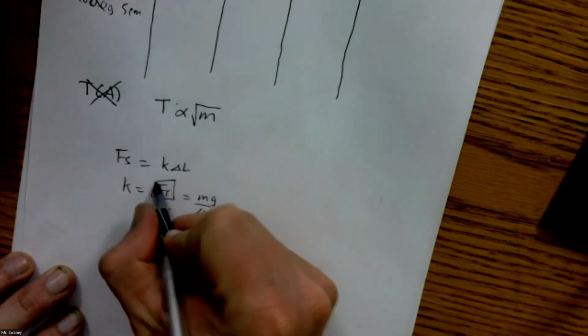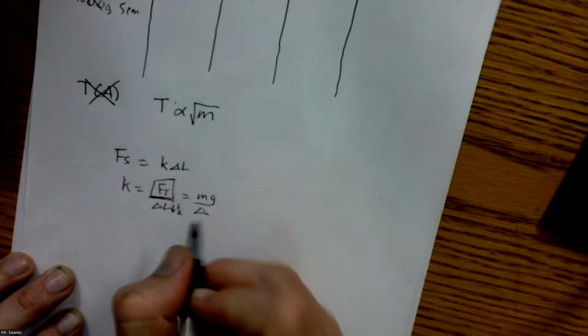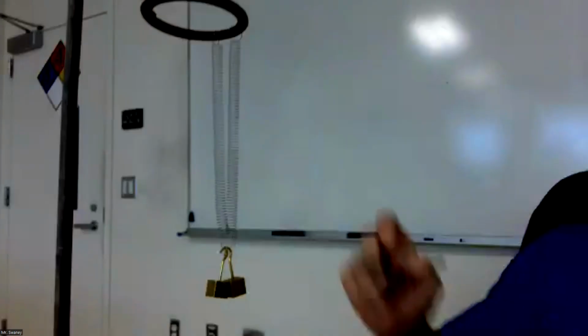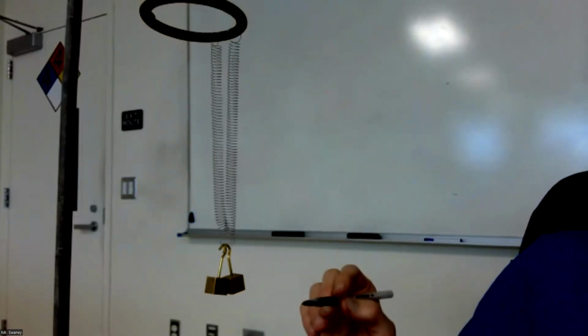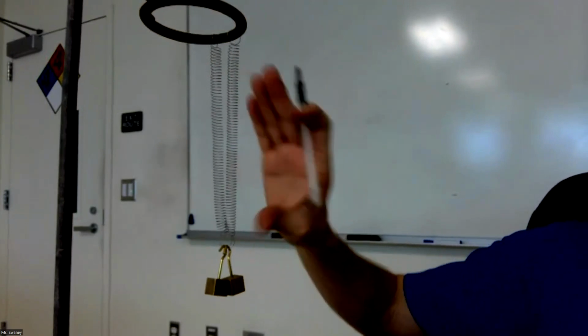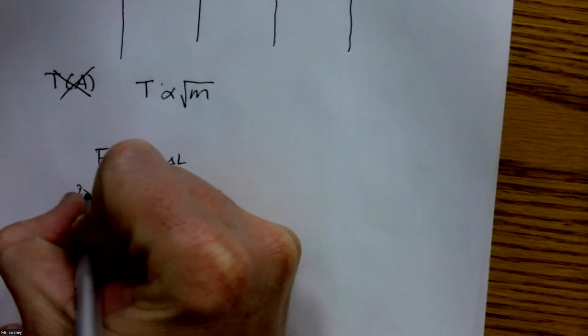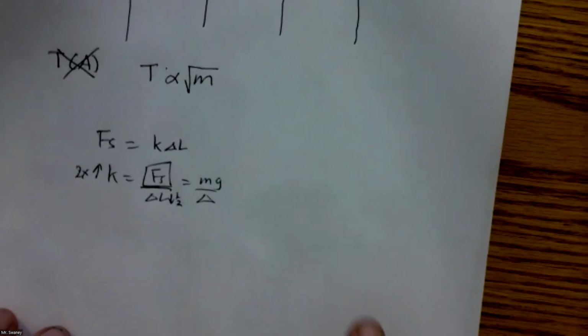And delta L is going down by a factor of 2. Each spring is only holding half the weight, so each spring is only stretching half as much as it would by itself. So my combined spring is only stretching half as much as one spring, and it's providing the same force. So my K value is essentially doubling.